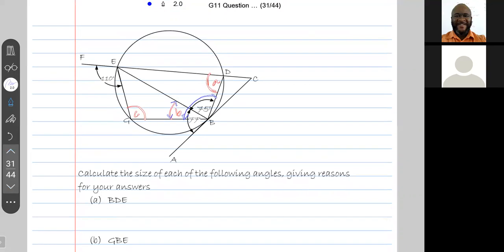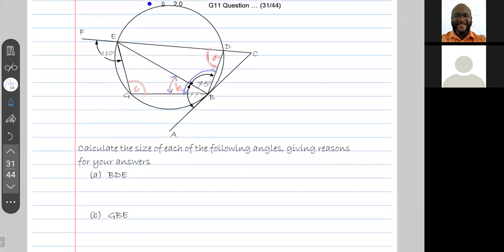Now, in our diagram, we're asked to calculate the size of each of the following angles, giving reasons for your answer.